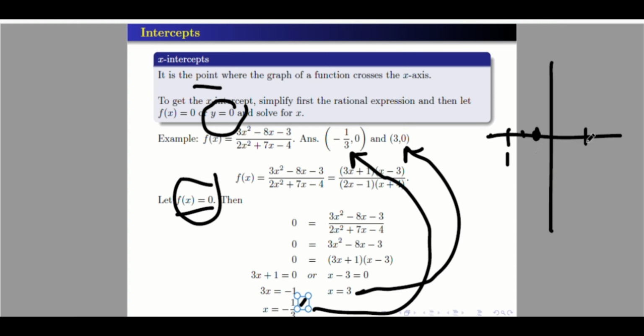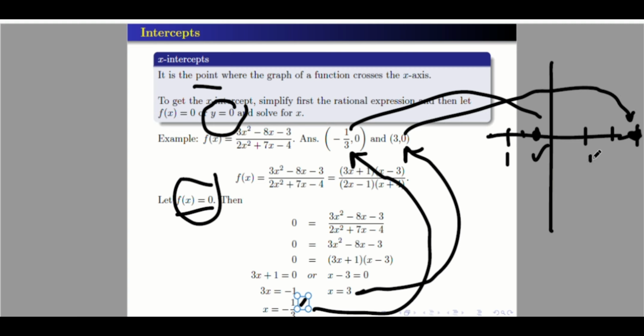If this is 1, 2, 3 here, this is the other intercept. So this is (-1/3, 0), and this is our (3, 0), because the x-coordinate is 3 and the y-coordinate is 0. So these are the x-intercepts.